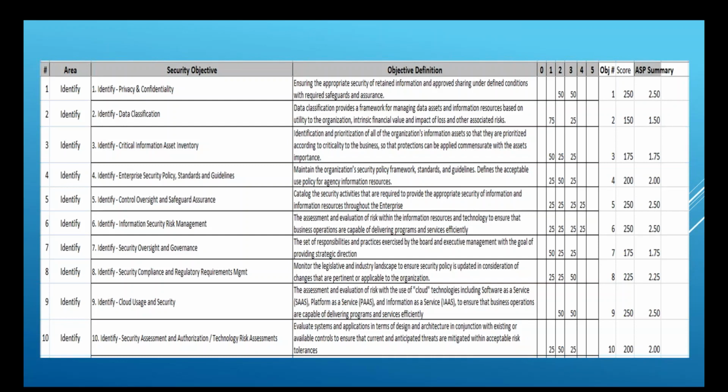Number 8, security compliance and regulatory requirements. We're monitoring legislation and industry landscape to provide security policy considerate to our organization. Yes, we have FERPA compliance issues.